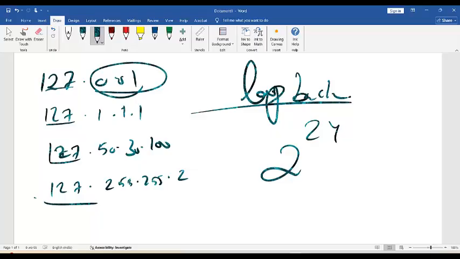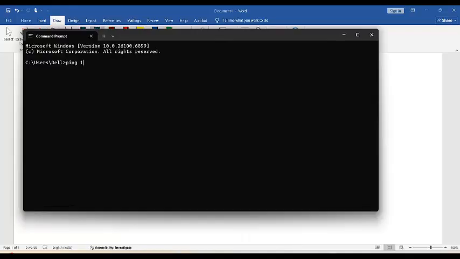Now what is that loopback address? You go to your command prompt and try pinging 127 and any number. I'm just randomly typing 56, 73, 76, 24 or 45, 43, whatever, but beginning with 127. Usually when you ping, you ping a particular device address, correct? But who is holding this address?